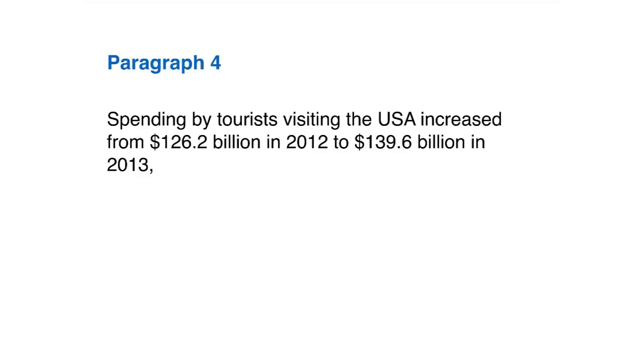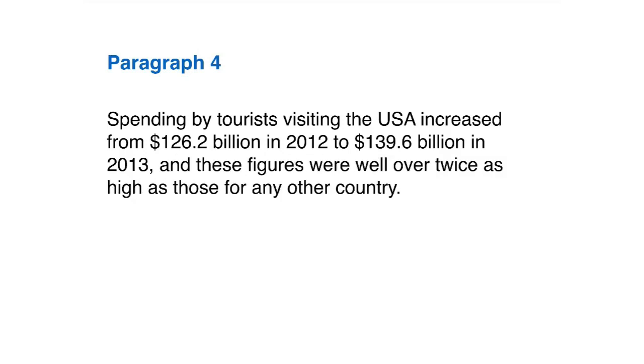Let's see what I wrote in my paragraph. Spending by tourists visiting the USA increased from $126.2 billion in 2012 to $139.6 billion in 2013. And these figures were well over twice as high as those for any other country. So starting off with the highest numbers for the USA.